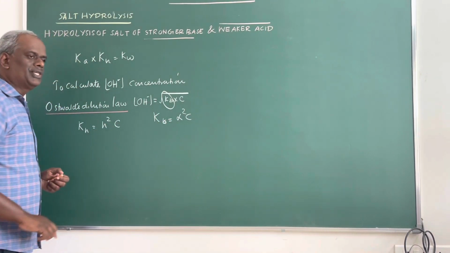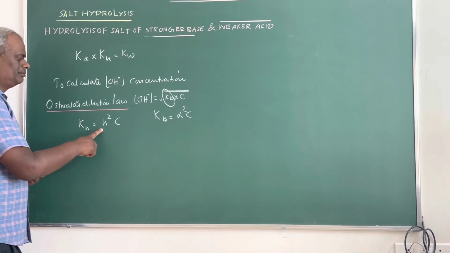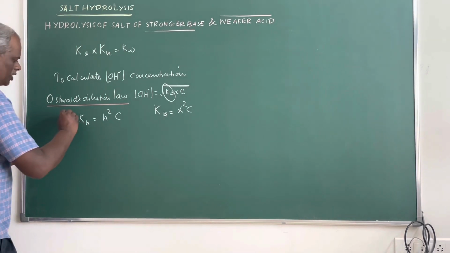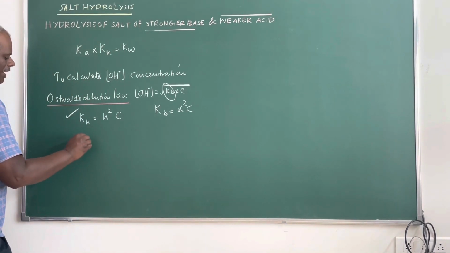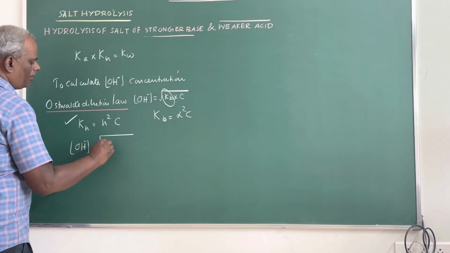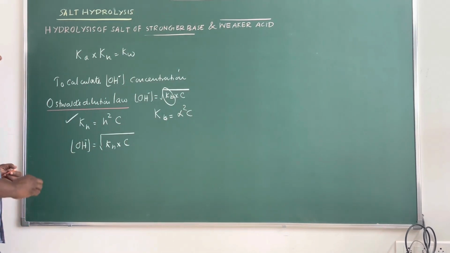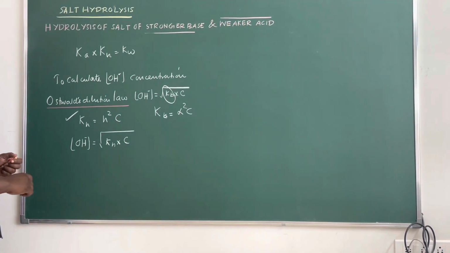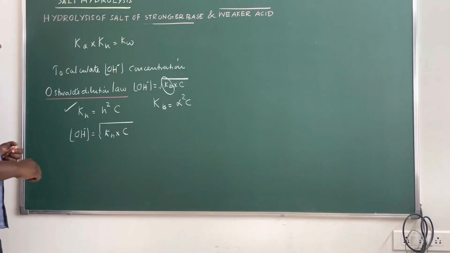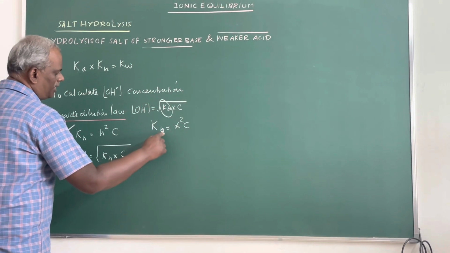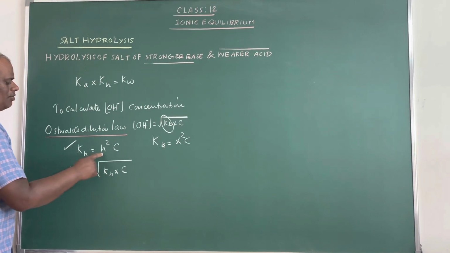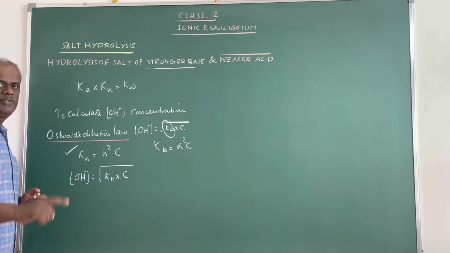Degree of dissociation, here the degree of hydrolysis, and the hydrolysis constant. So if you use this expression, the hydroxide ion concentration is equal to the square root of the hydrolysis constant into C. This is explained as follows. We know Kb is equal to alpha square into C. Here Kh is equal to h square into C. See the difference?